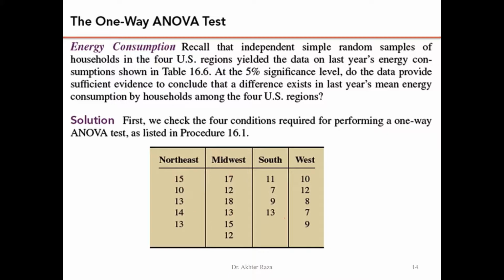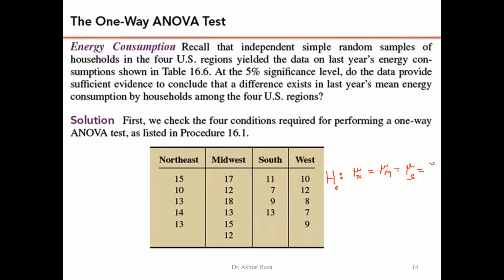We have to analyze only the electricity consumption in the 4 regions. The null hypothesis will be what? Average electricity consumption or the power consumption in all these 4 regions is the same. The mean of power consumption in North region is the same as the mean of power consumption in Midwest region, South region and West region.